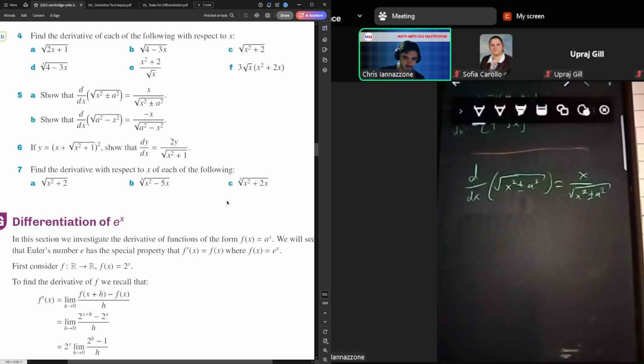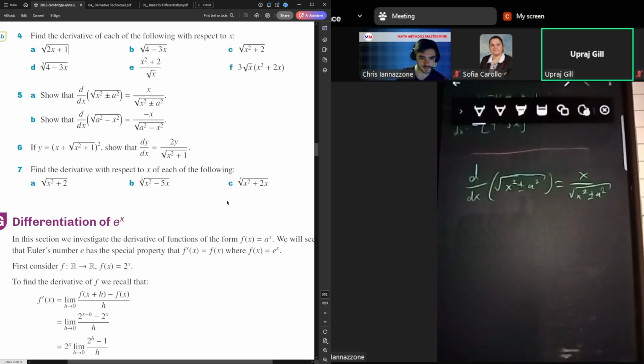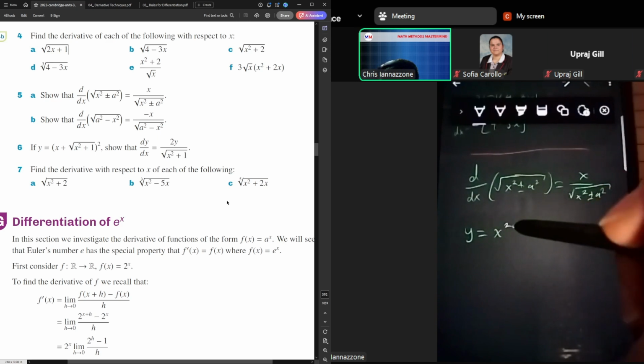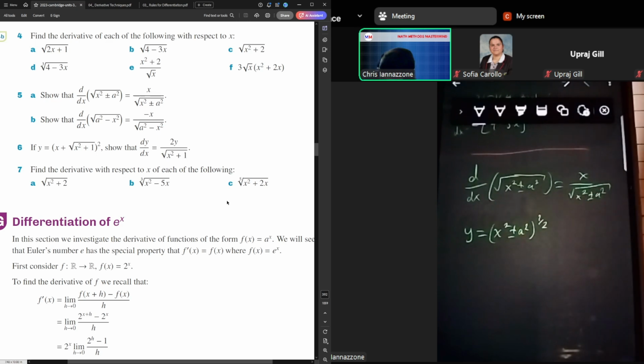What might we do? Would you want to rewrite the square root as the power of 1/2? Sounds good to me. Let's call it y equals x squared plus minus a squared, all to the power of 1/2. Sounds good to me. What else?